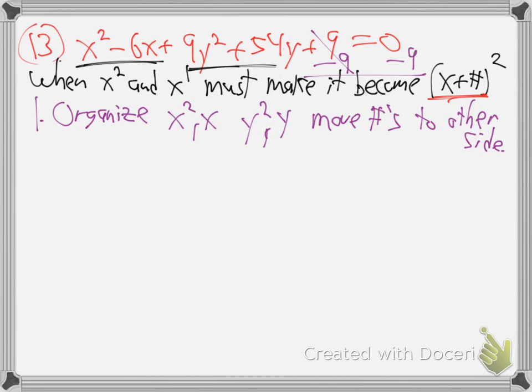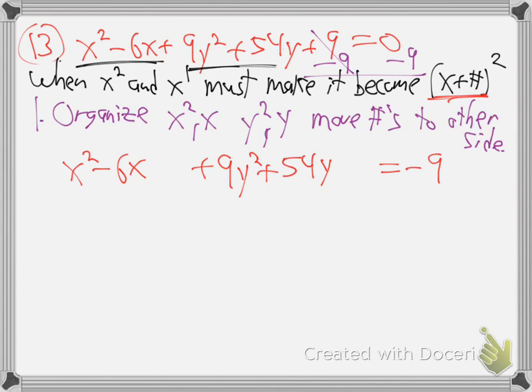Get the x squareds all organized, get the y squareds all situated, and that plus 9 moves to the other side, becomes a minus 9. We good there? I just subtracted 9 from both sides. So that's step 1. Organize x squared with x, y squared with y, move the numbers to the other side.